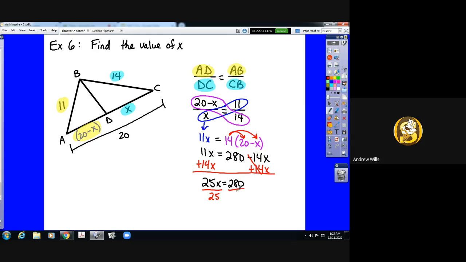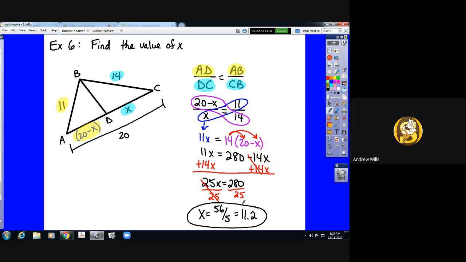Finish solving, we divide by 25. That does not divide evenly. So x is 56/5, which is equivalent to 11.2.